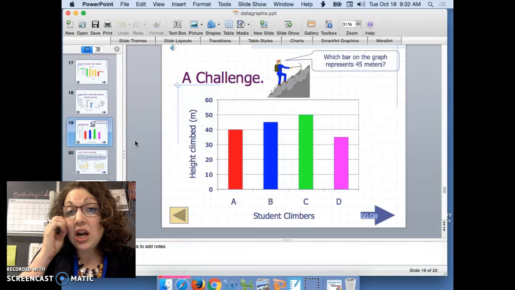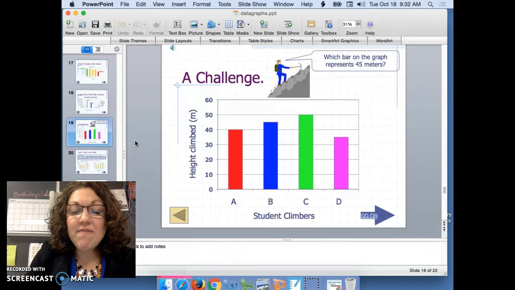Which bar on the graph represents 45 meters? So for this one, you have to estimate in between the 40 and the 50 because there is no 45 on the y-axis. So if you go in between the 40 and the 50, you see that climber B has 45 meters.